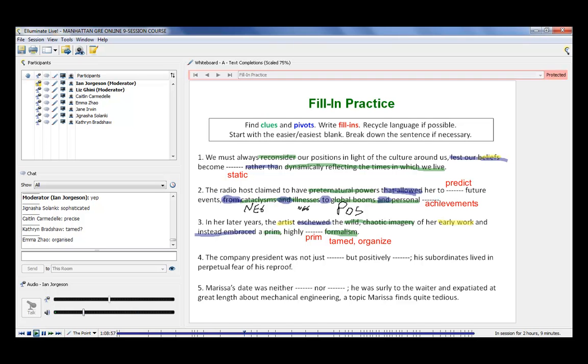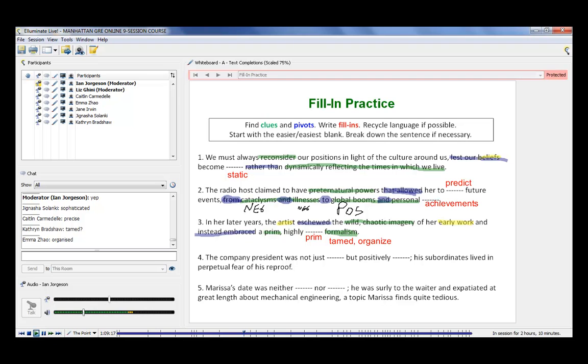So first the artist gave up this wild, chaotic imagery, and then later on embraced a prim, highly something formalism. We're looking for a word that means the opposite of wild and chaotic, and the same as prim and formal. Very good job, Jane.